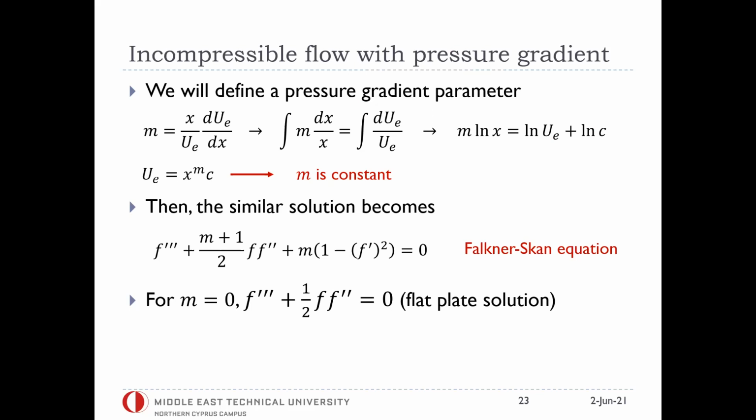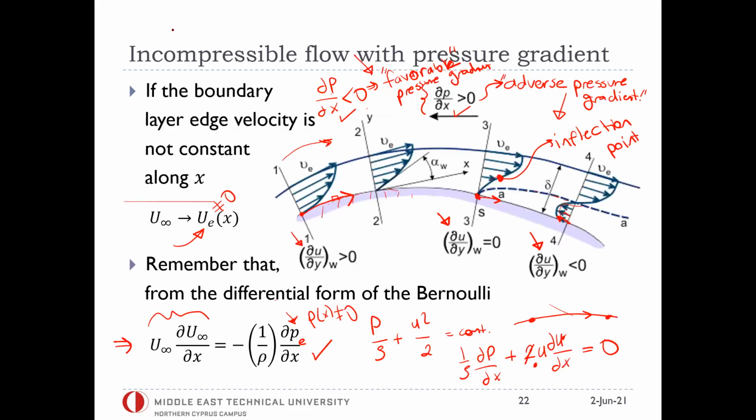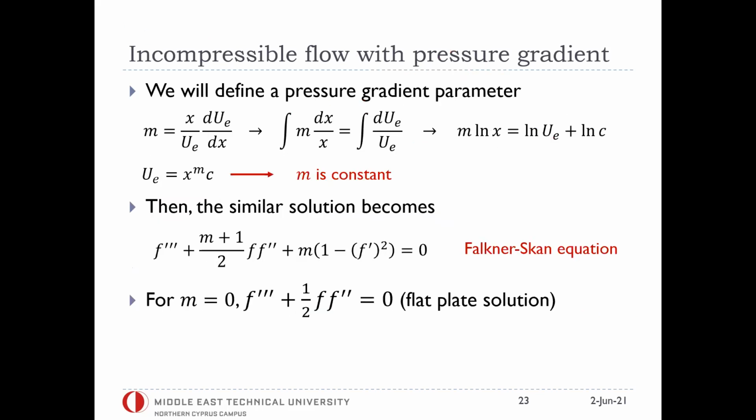So now our topic is incompressible flow with pressure gradient. After Blasius obtained the solution historically, other researchers, most of them from Prandtl's group, started to work on this issue, trying to obtain a solution for this case.